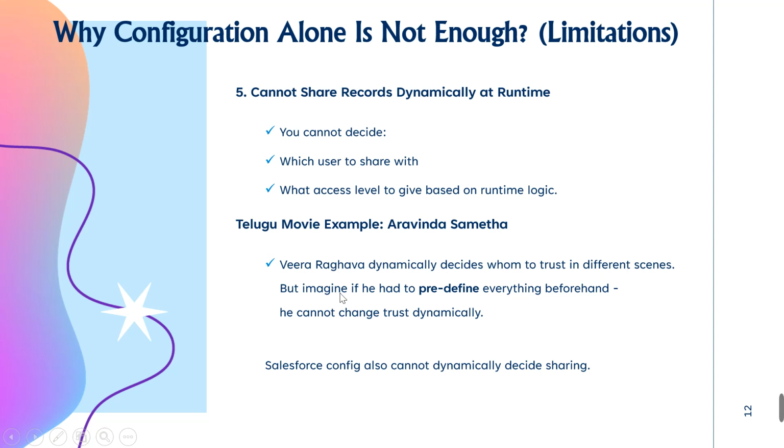Imagine if he had everything predefined beforehand, he could not change whom to trust dynamically. Similarly, Salesforce configuration also cannot dynamically decide the sharing. So to overcome that, again we need a custom logic.